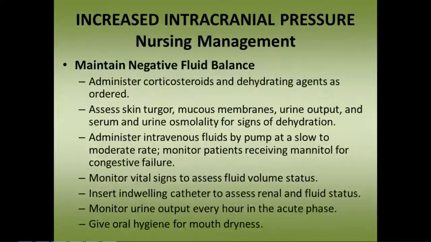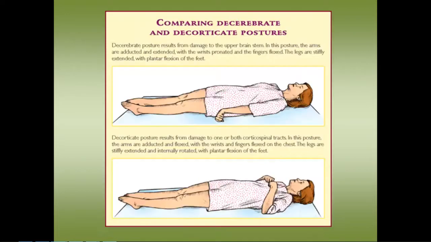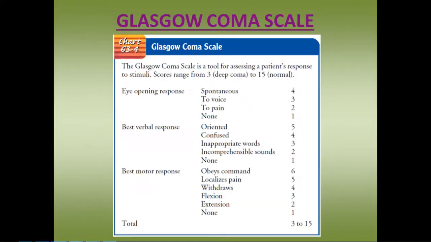Okay, so now we continue with our Glasgow Coma Scale. For your Glasgow Coma Scale, again, the Glasgow Coma Scale, or your GCS, is very important in evaluating the consciousness level of a patient.